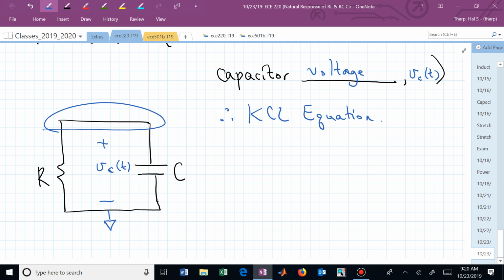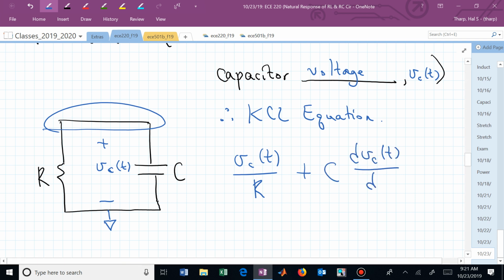We have a current down through the resistor, which is v_C(t) over R. And we have a current down through that capacitor, which is given to us by ICE, which is C dv_C(t)/dt. And that's equal to 0.